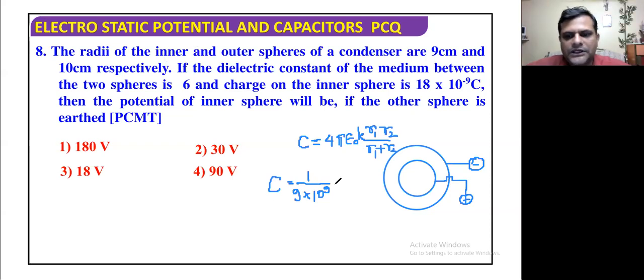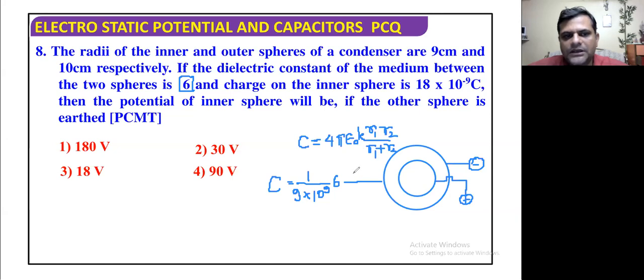And this k here is going to be 6. ये जो डाइइलेक्ट्रिक कांस्टेंट दिया हुआ है यहाँ पे ये 6 है, तो यहाँ पे हम 6 डाल देंगे, और R1 R2 और R1 प्लस R2 ये वैल्यूज हमको यहाँ पे रखने हैं. तो R1 का वैल्यू कितना है 9 और R2 is 10, but don't forget that they are in centimeter, so we have to convert them into meter.